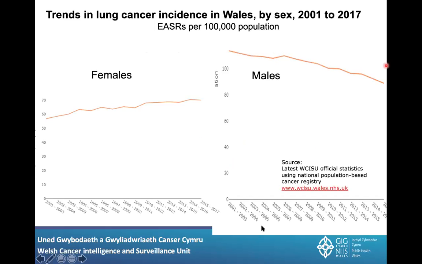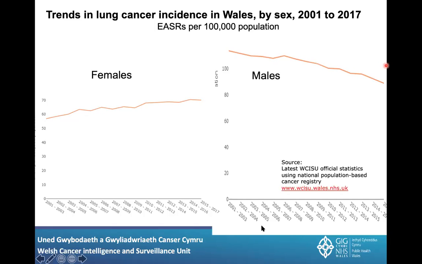And here is that in use. So every year, WCISU produces official statistics for incidence, mortality and survival, actually. And they have a statutory basis as well. It's one of the statutory functions of Public Health Wales. And we use the registrations to do this.